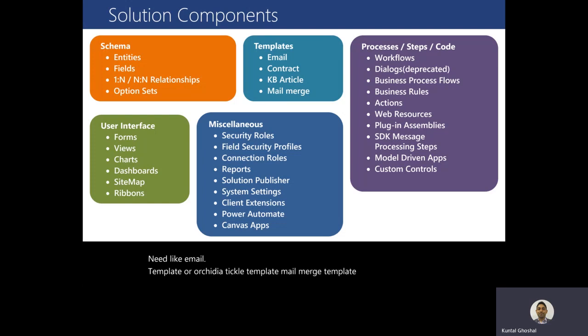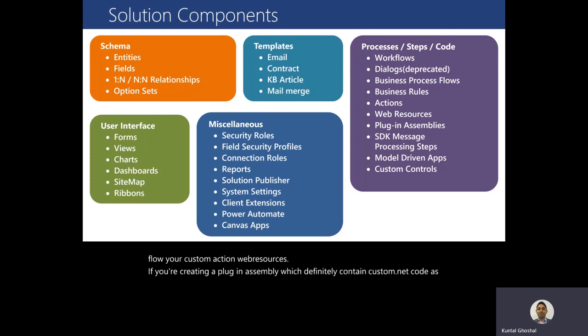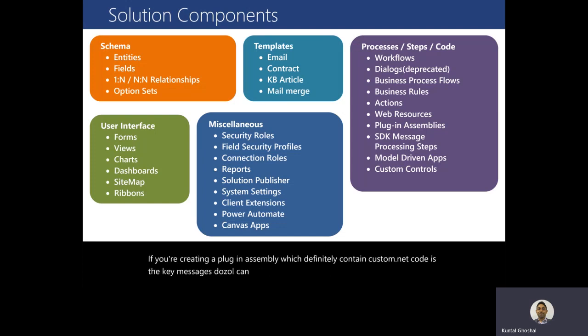There are processes or steps or code that you can also include as a part of a solution, like workflows or dialogs, which is again deprecated, and business process flow, your custom action, web resources. If you're creating a plugin assembly, which definitely contains custom .NET code, SDK messages, those can all be included as a part of your solution.